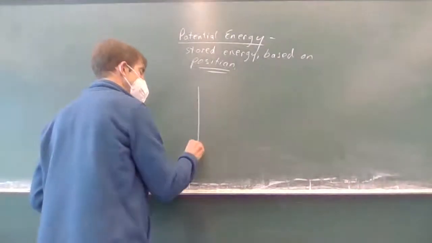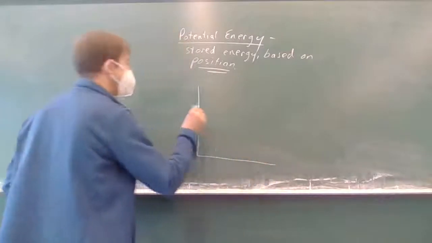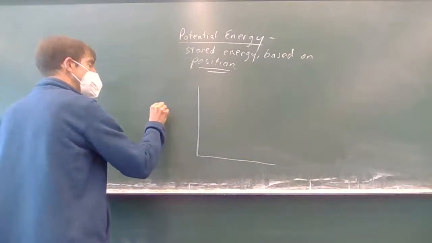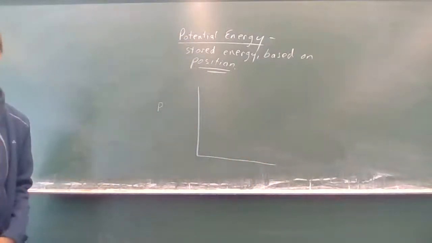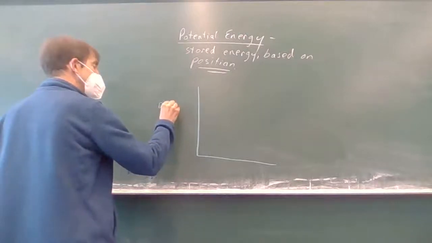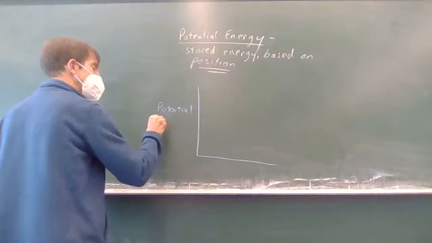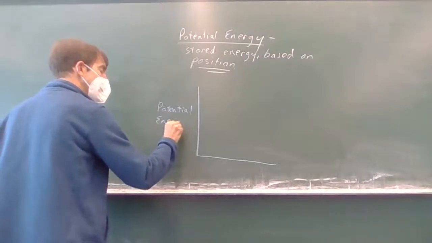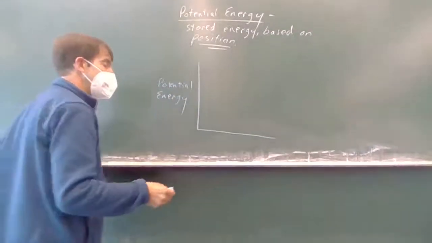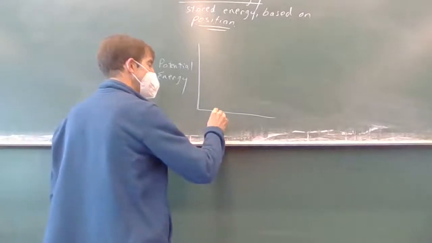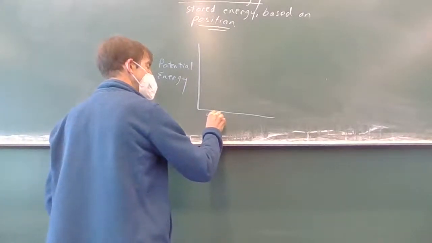This time, we're going to have potential energy on the y-axis. Yes, I know you haven't done this before. Just bear with me, okay? And on the x-axis, we're going to have the stages of a reaction.